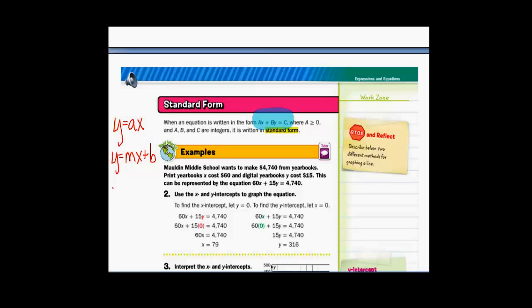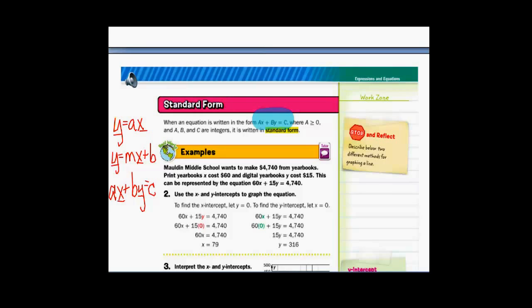And now we have standard form, ax plus by equals c. So notice that they all have the y and the x. They're just in different locations. And there may be a different letter in front of the x every time, but that's always the same thing, either the slope or the constant, the rate of change. So don't let those letters fool you.